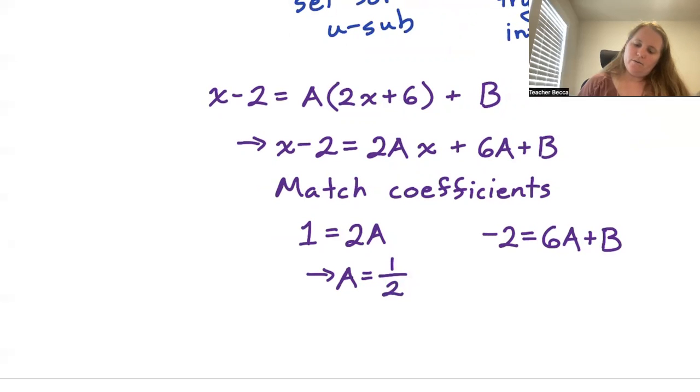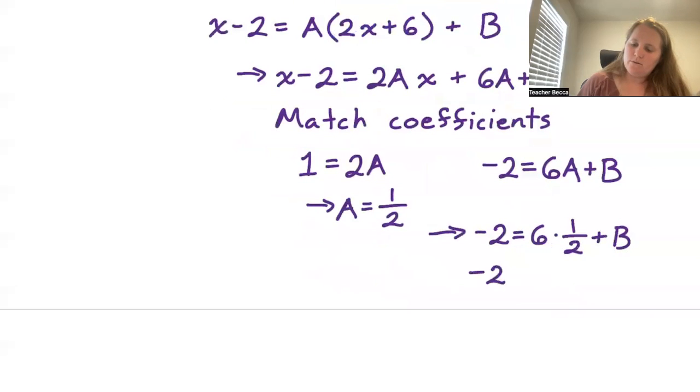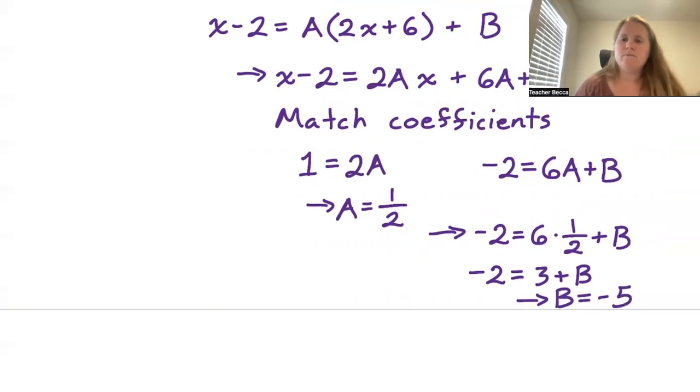So negative 2 equals 6 times 1/2 plus b. That means negative 2 is equal to 3 plus b, or b equals negative 5.